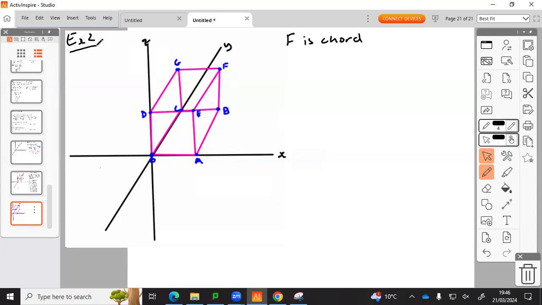Okay, so you might get given F as coordinate 5, 3, 4. And you could get asked the question, what is coordinate C?